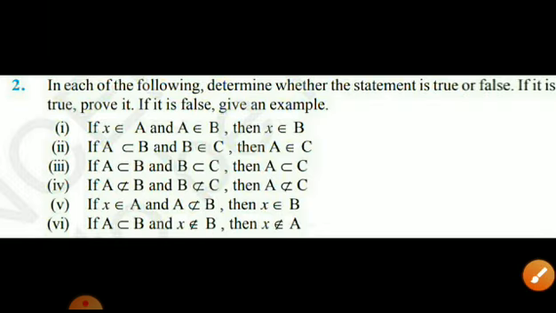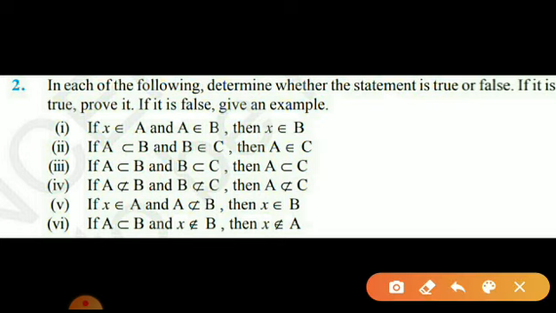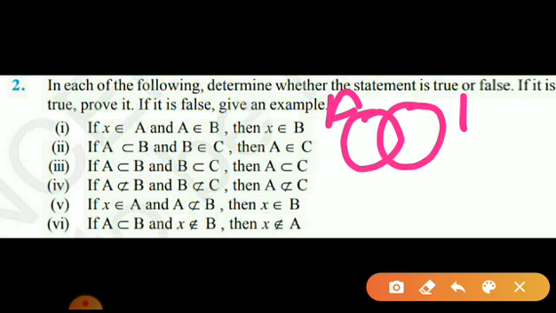Next one. If A is not a subset of B and B is not a subset of C, then A is not a subset of C. Suppose we have these two sets A and B. Here it is given that A is not a subset of B, that means A is not fully contained in B. So this may be the situation.